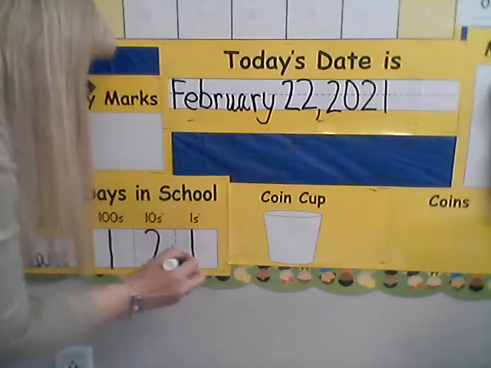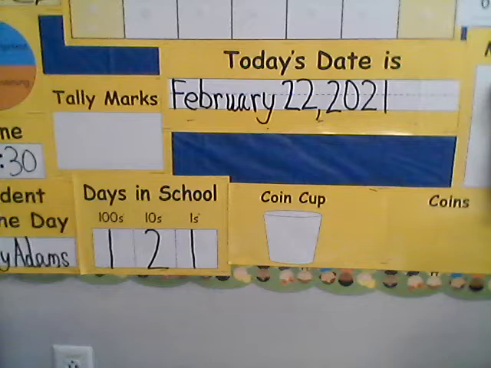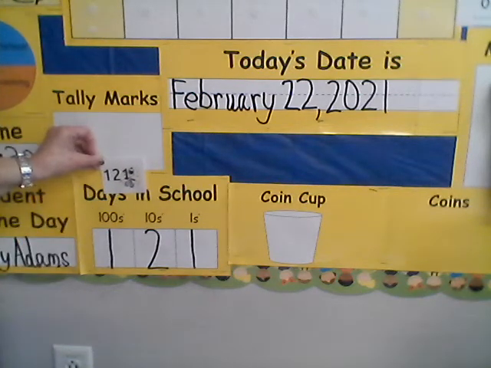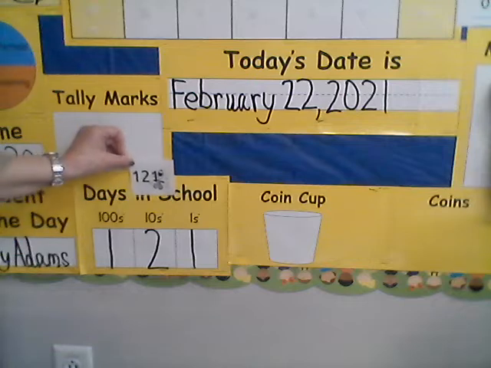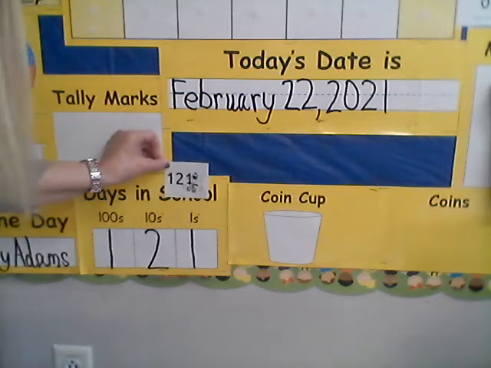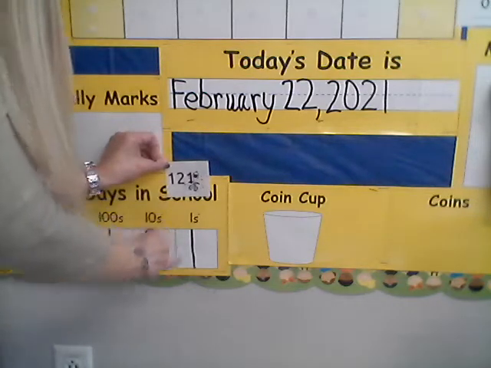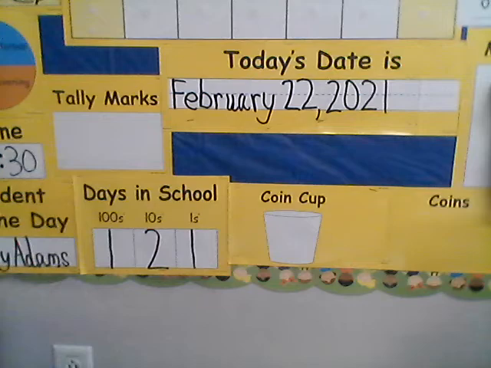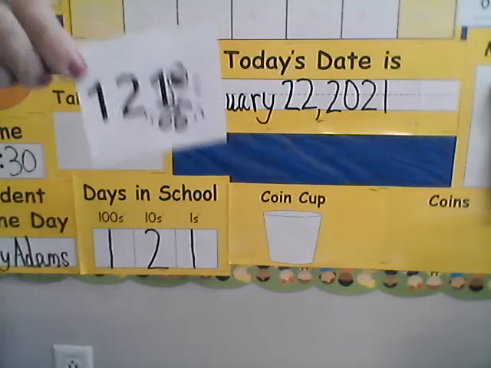So now let's see if our days in school tag matches our days in school graph. Do we have one great big bundle of 100s? Do we have 2 Mr. 10s? Do we have 1 Mrs. 1s? So how many days have we been in school?